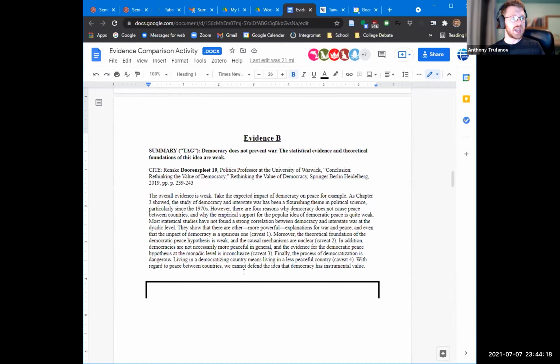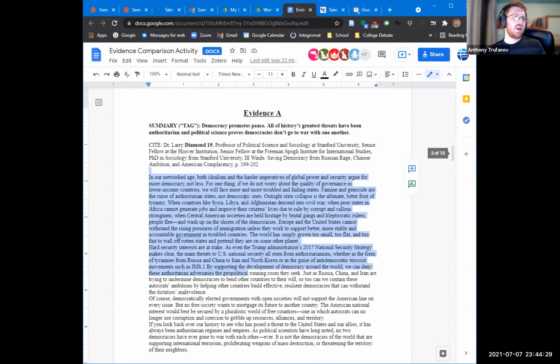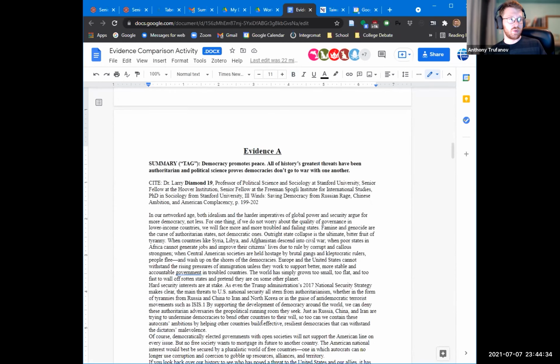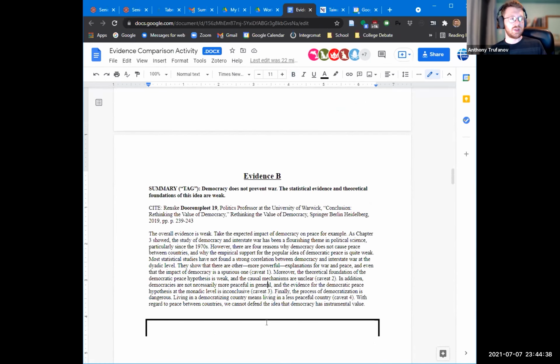There's probably some data in these studies that this professor is referring to, but there's no data in this actual paragraph. All right, so we've got evidence A, which says democracy solves war, and gives a bunch of examples of why. And then we have evidence B, which says, no, democracy does not solve war. We have statistics that disprove this idea. So someone from an even group, let's hear an argument for why evidence A should be preferred over evidence B.